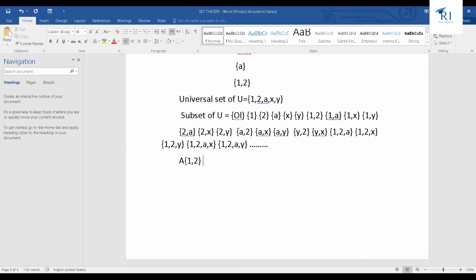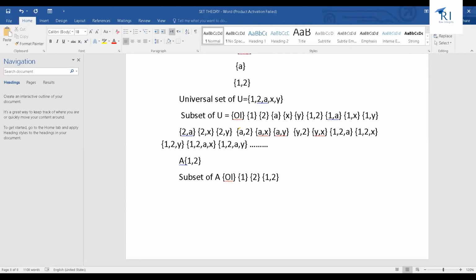Now first to write the subsets of the elements of set A. It will be first a null set. It will be 1. It should be 2. It should be 1, 2.